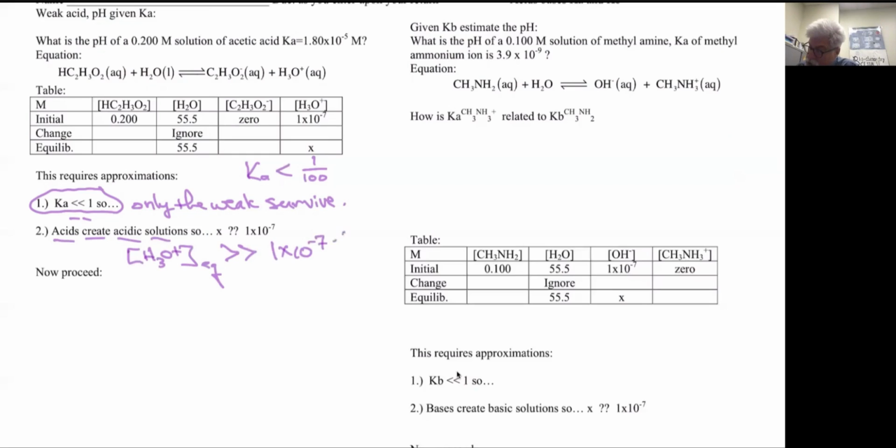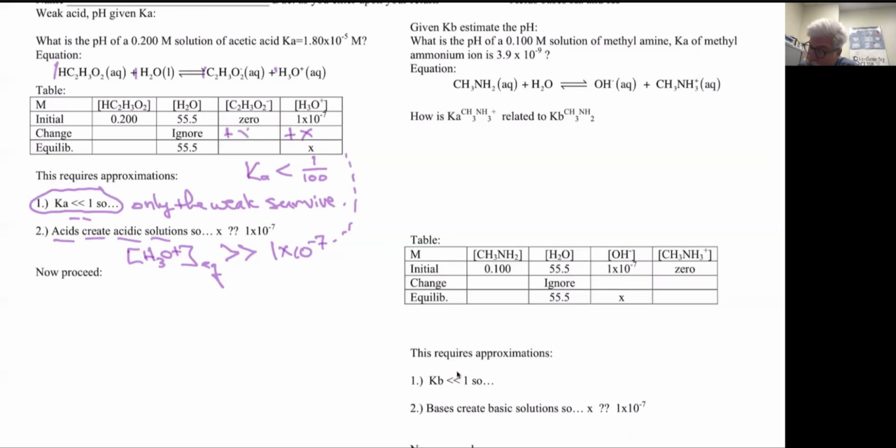This has an implication right here. I'm simply adding x. I don't have to worry about subtracting out the 1 times 10 to the minus 7, and then in my x's, I'm going to have to subtract that off later again. Nope, we're fine.